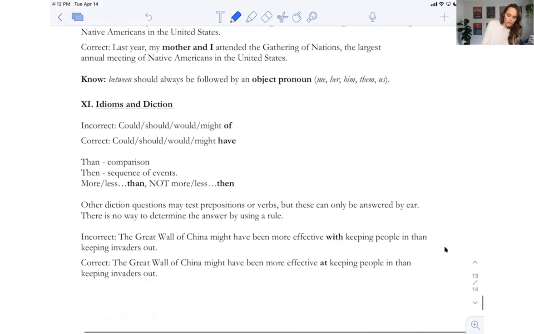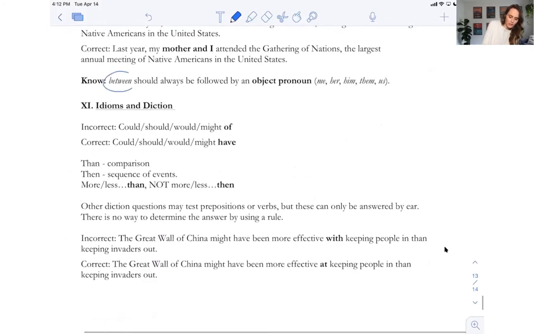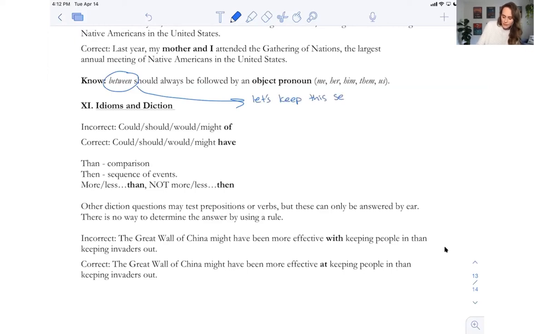Something to know too with the word between, you're going to use the object case or the objective case. So it would be, let's keep the secret between you and me, because we have the between there.